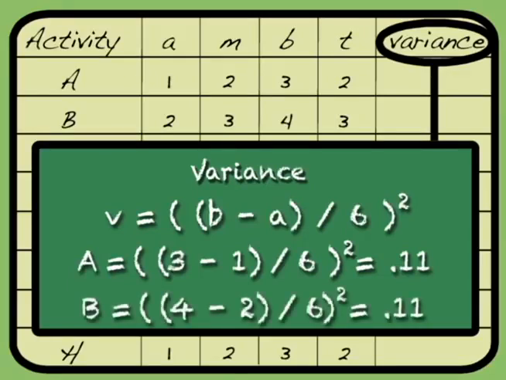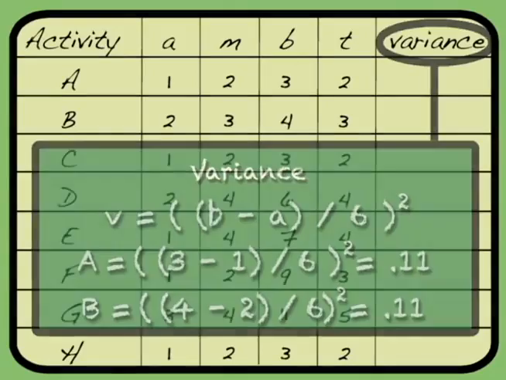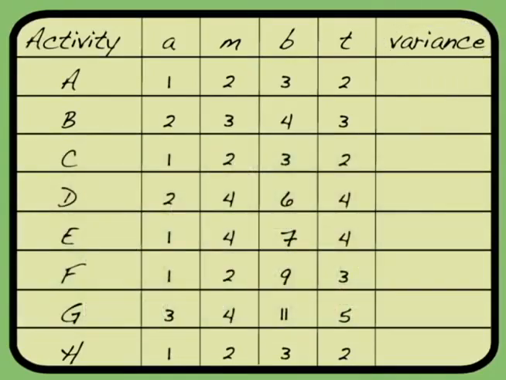For activity B, the pessimistic time of 4 minus 2, so 2 divided by 6, square it, and we're going to again have 0.11. So we're just going to fill in our chart.